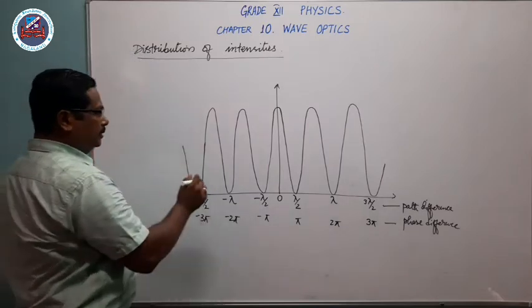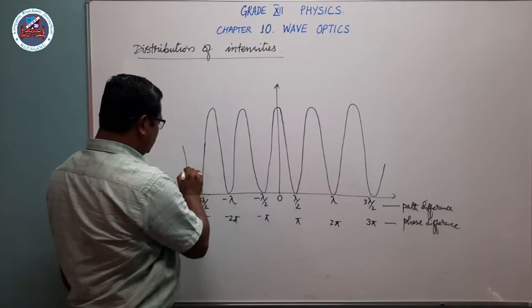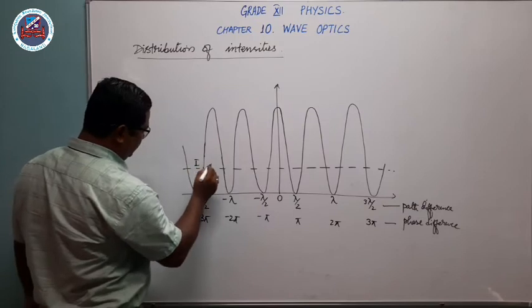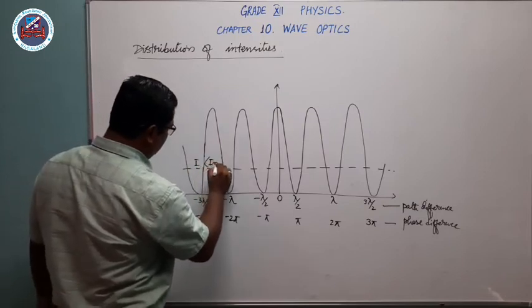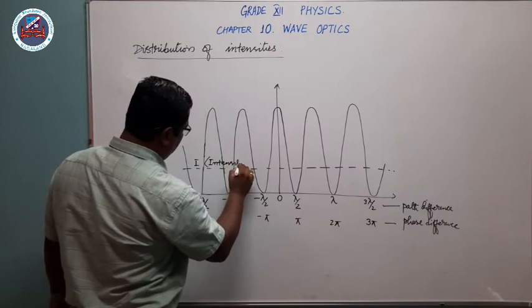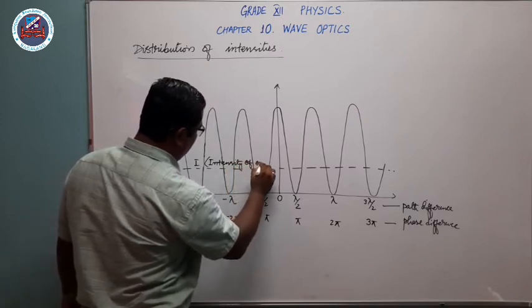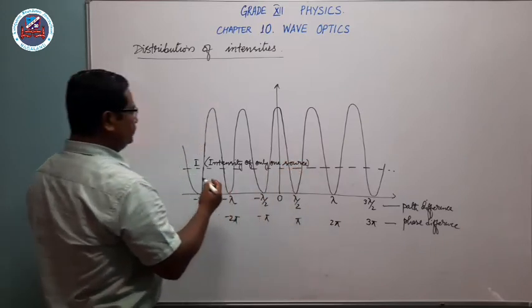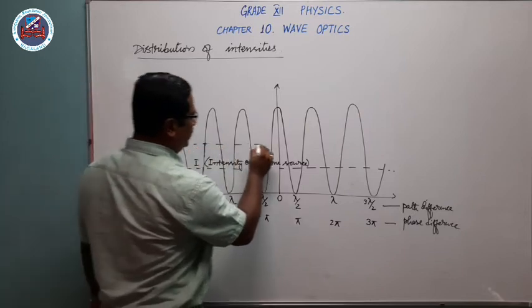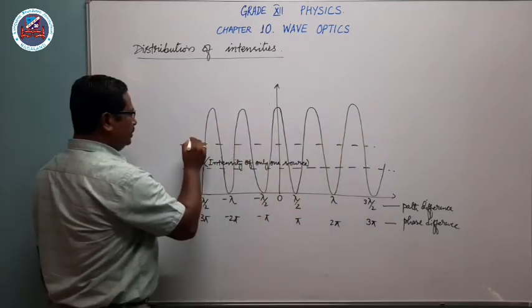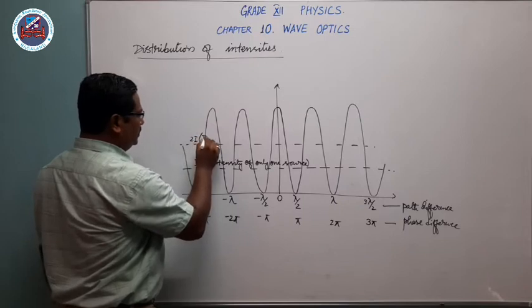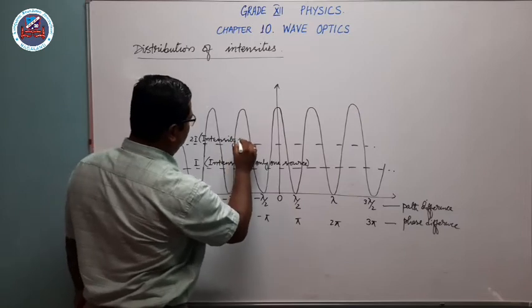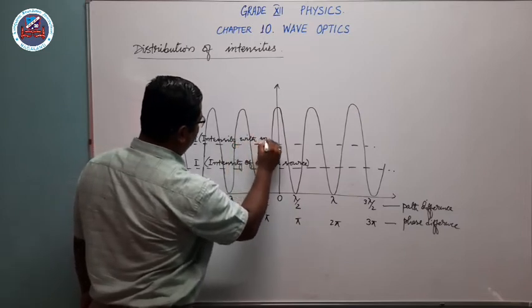Now here, if the light waves are without interference, you can represent the intensity of only one source as I. Then for the next line, you will get 2I intensity without interference.